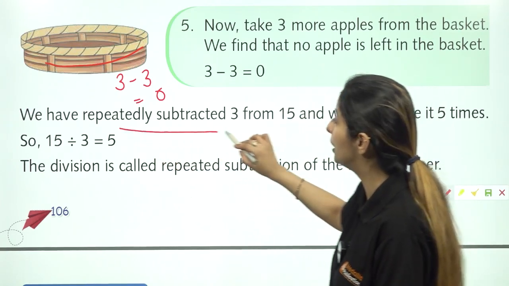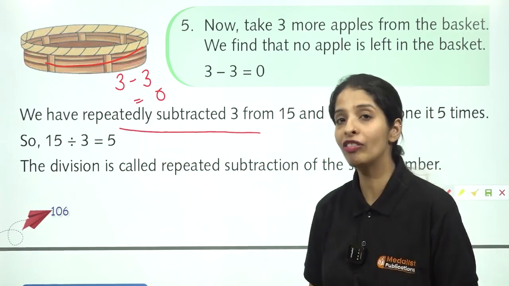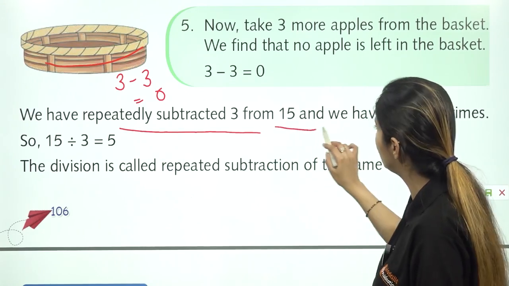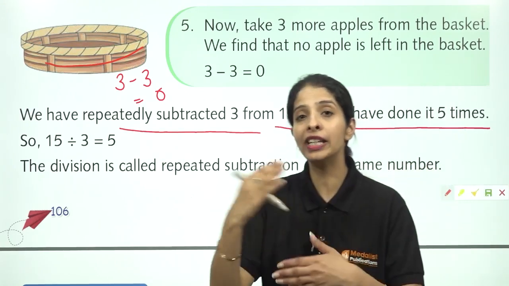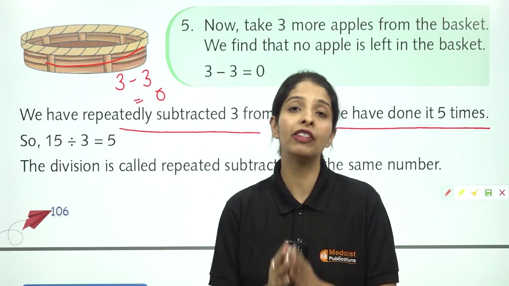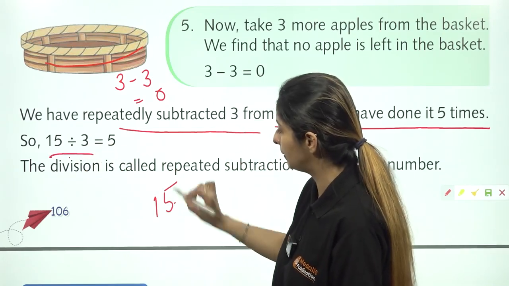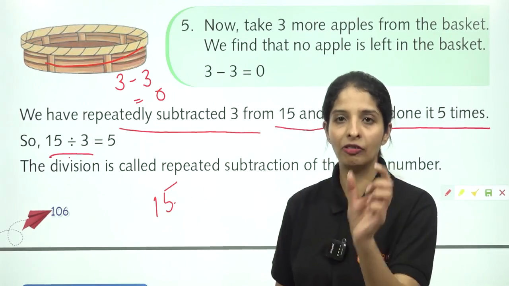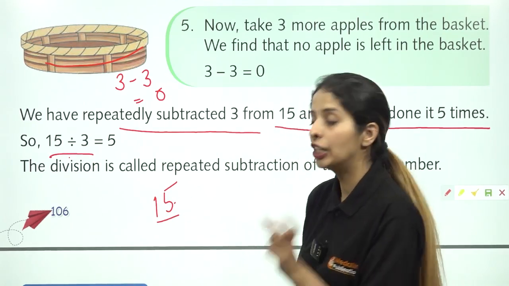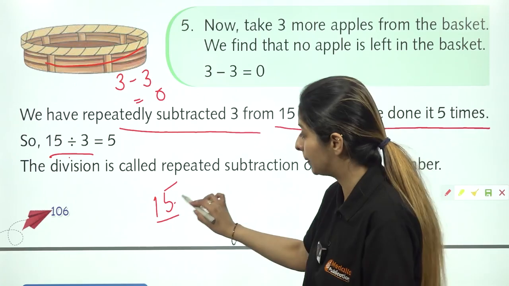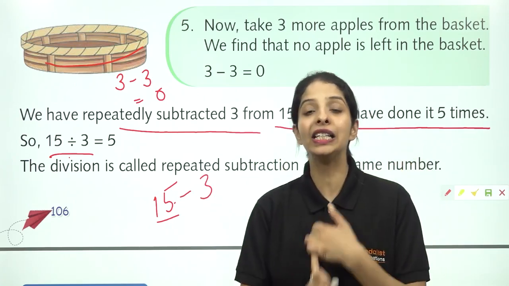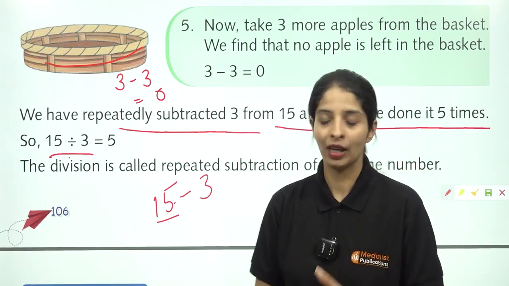So, we have repeatedly subtracted. What we have subtracted? 3 from 15. And how many times have we done it? We have done it 5 times. The total was 15. You subtract 3. We have to subtract until we get 0.